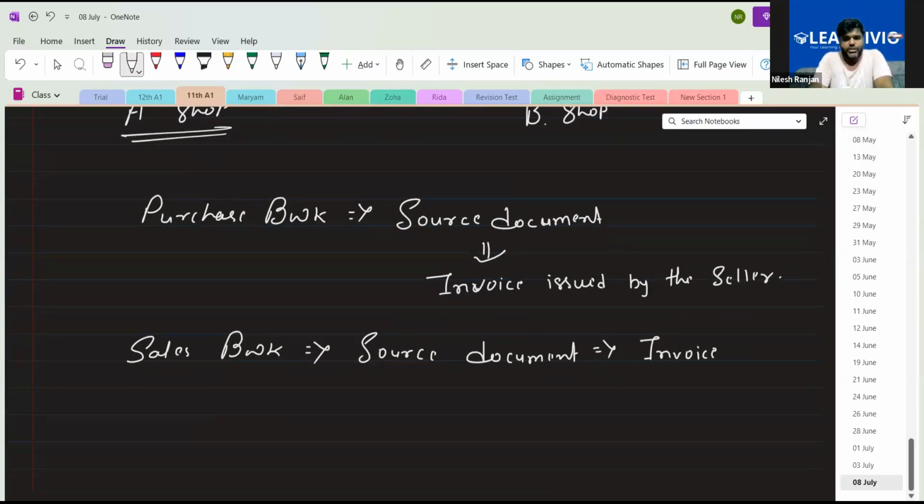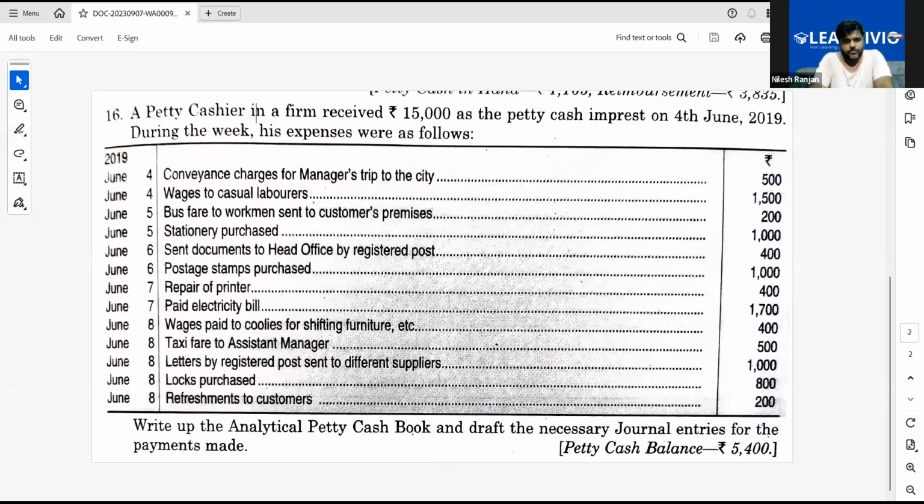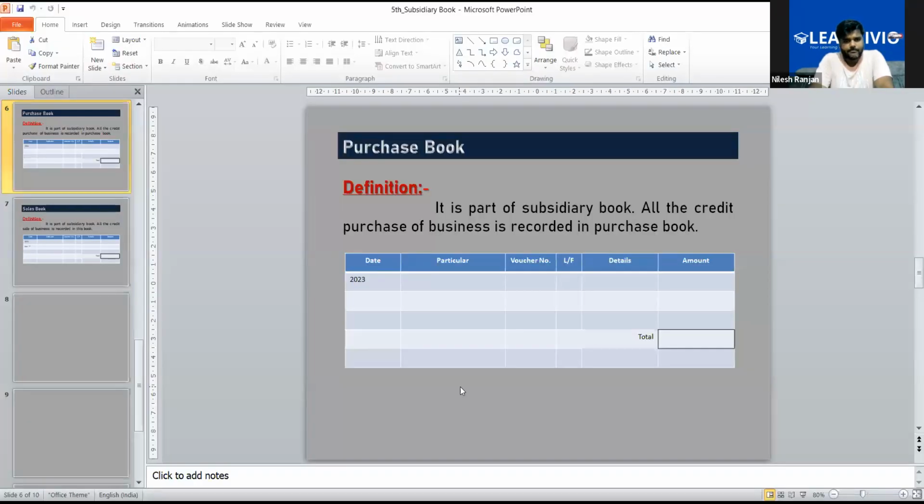Okay. So purchase book, you have written the format also here. No, one second.